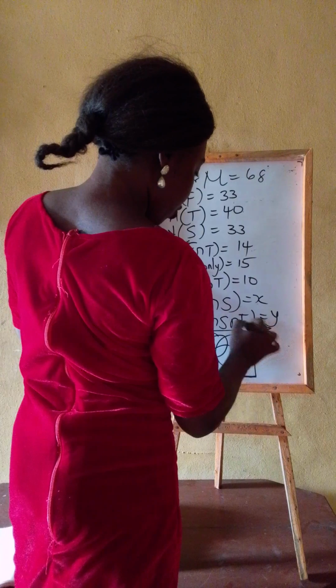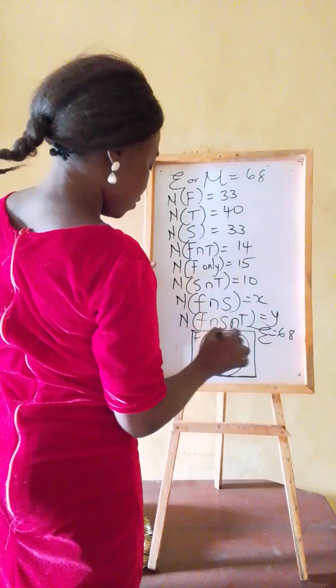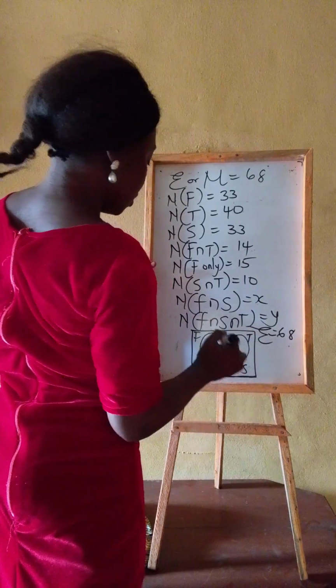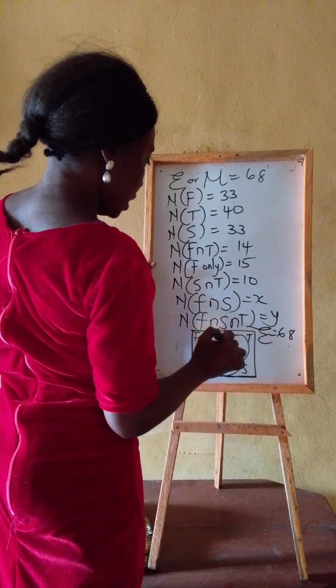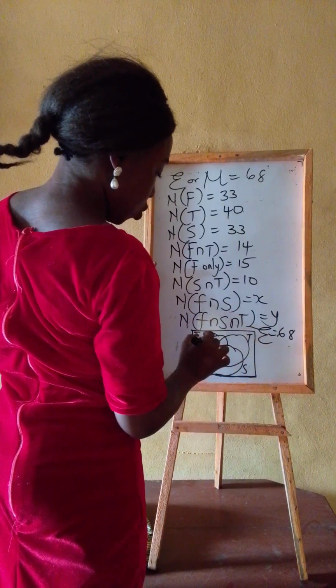This is your universal set as 68. So we have F, T, S. Our F is 15 only.